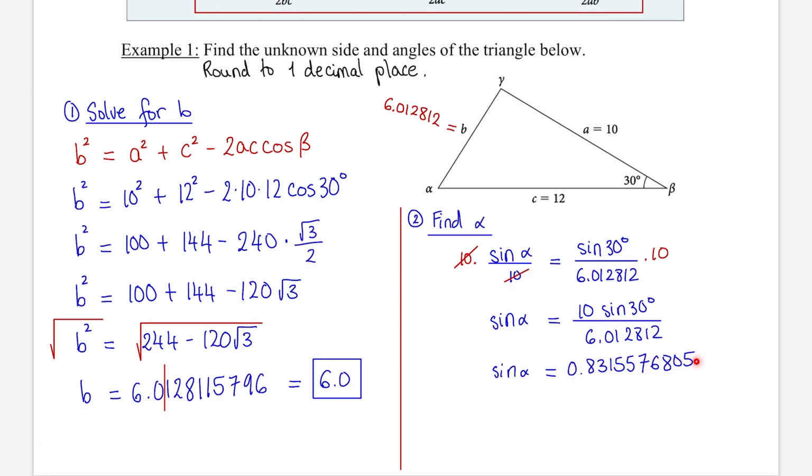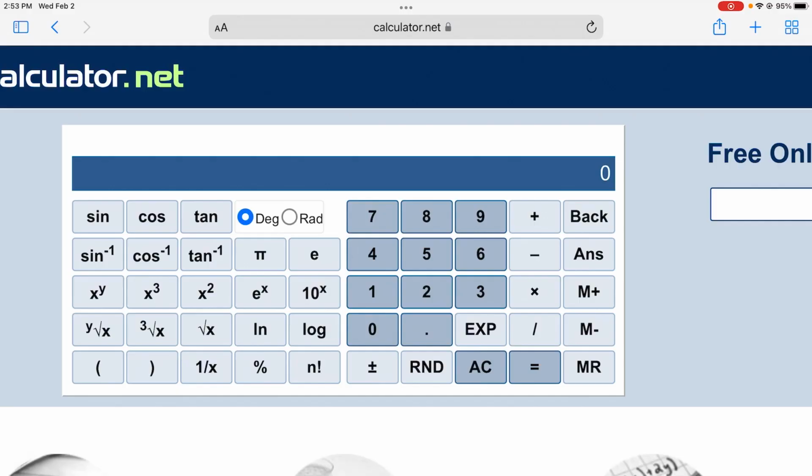To solve for alpha, I will take sine inverse of this number. Again, make sure that the mode is in degrees. And I type in sine inverse of 0.8315576805. My answer is 56.259083523.